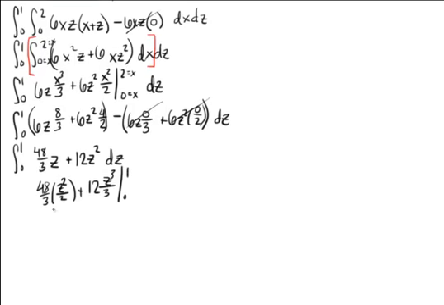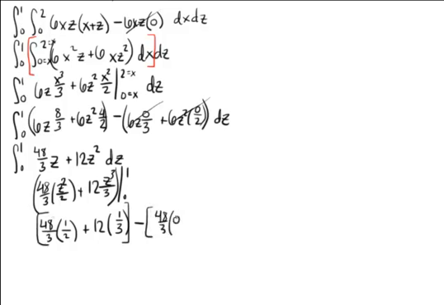Okay. Now we plug that in for our whole function here, and we get 48 over 3 times 1/2 plus 12 times 1/3, minus, this is all 1. So now we do the bottom limit, and we get 48 thirds times 0 halves plus 12 times 0 thirds.